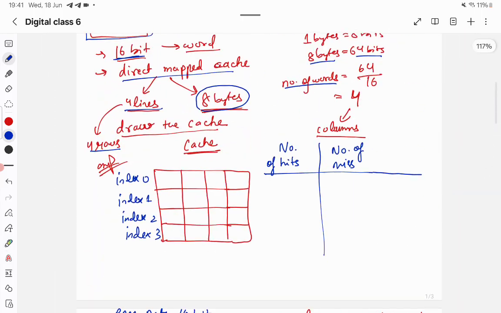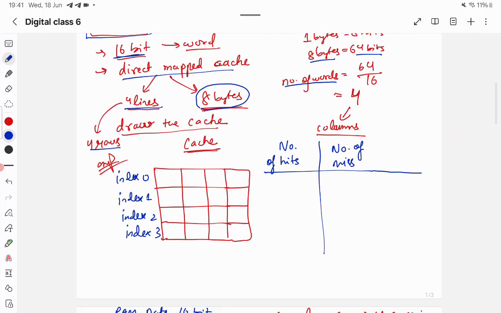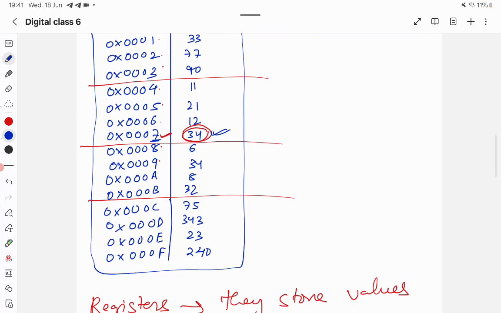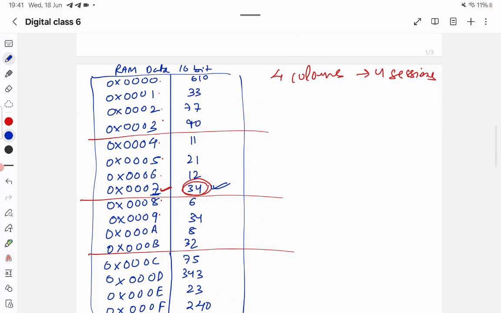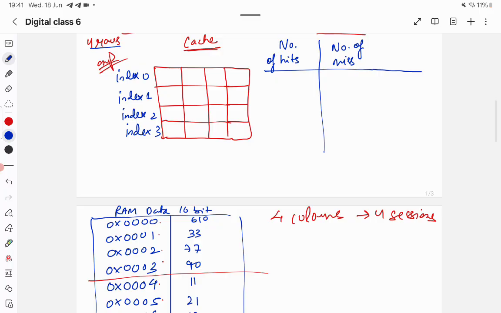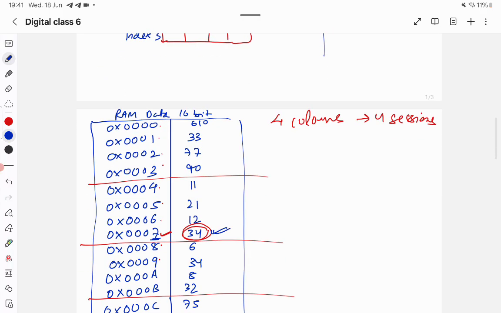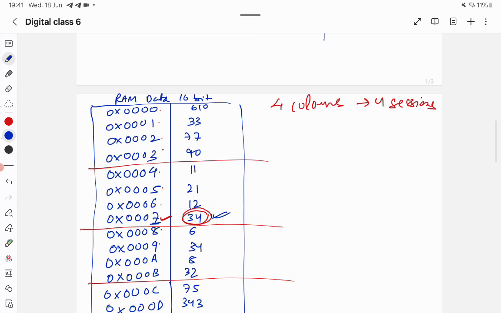Since our cache is empty, and it is a direct mapping cache, the first index will be copied in the first index, the second row in the second row, and so on. Since 34 is not there in the cache, it is a miss.